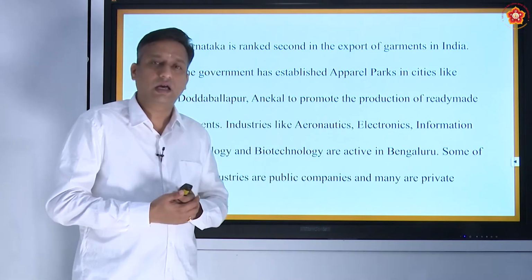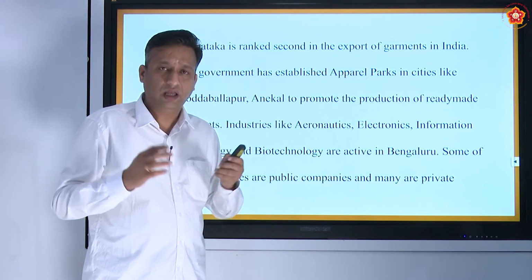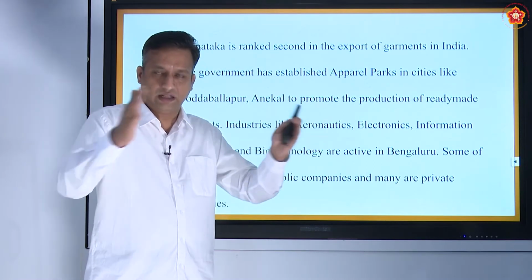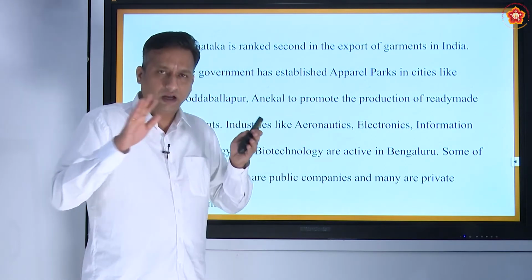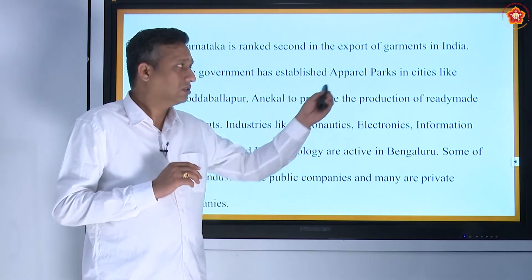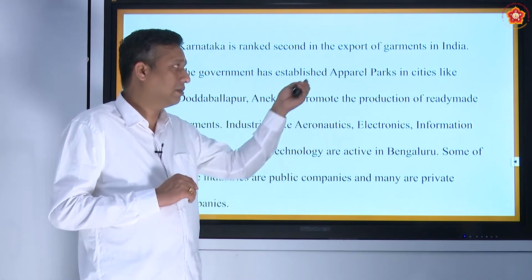The government has established apparel parks. Apparel means that which is regarding clothes. Where all the industries are in one place, they get proper electricity, water at a cheap rate, and all other transportation facilities. In places like Dodballapur and Anekal, the government has established apparel parks.